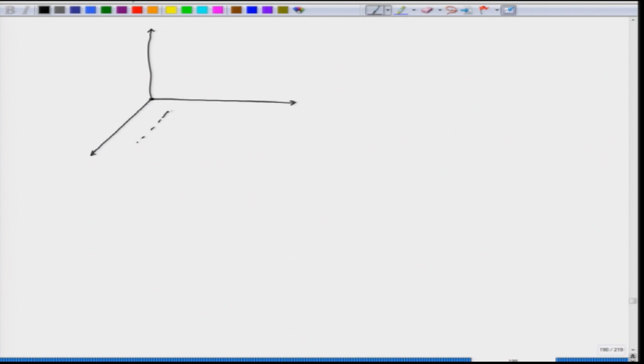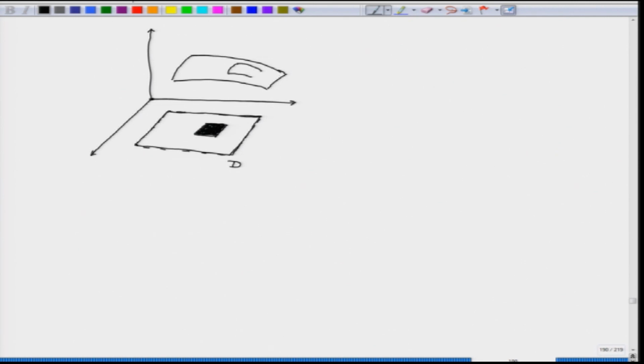So, for example, just for the heck of it, I am drawing a rectangular domain D. Now, if I take this rectangular zone and suppose I have a surface area here, which is my ds, here it is my dx dy. So, this is dy and this is dx.